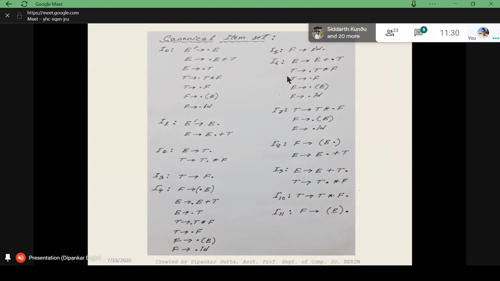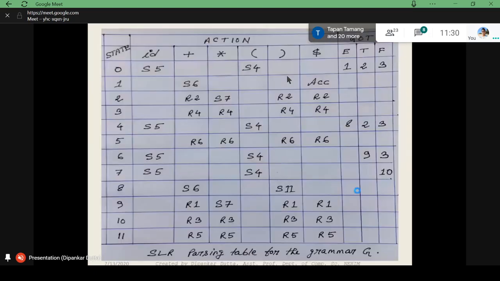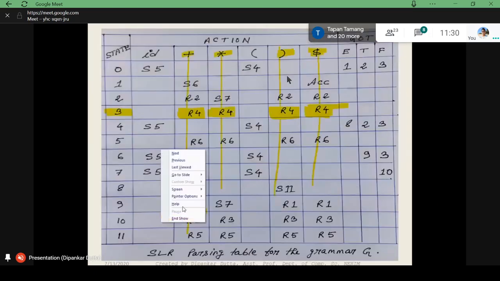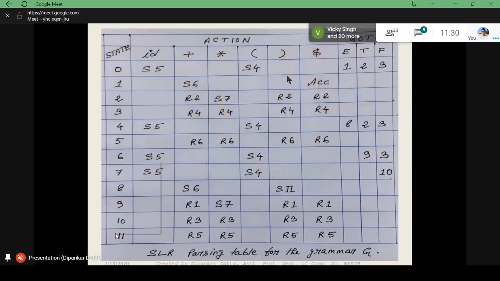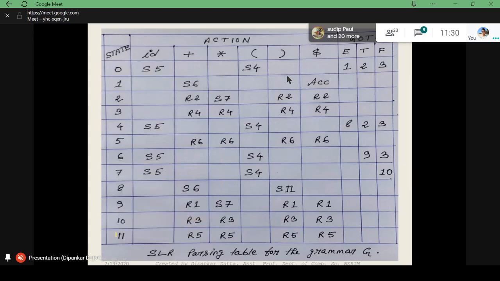See in the 11th row in the table. This is the 11th row. This is the plus symbol, this is the star symbol, this is the right parenthesis, and this is the dollar.